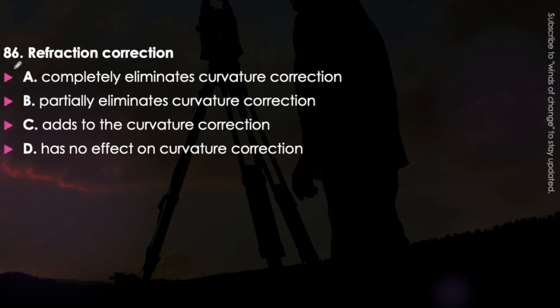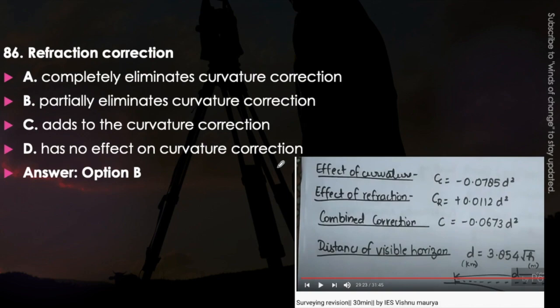Next question. Refraction correction completely eliminates curvature correction, partially eliminates curvature correction, adds to the curvature correction, or has no effect on the curvature correction. If you know the formula for these two with sign, then you can easily answer the question. The answer will be option B, that is it partially eliminates curvature correction. Why is it so?